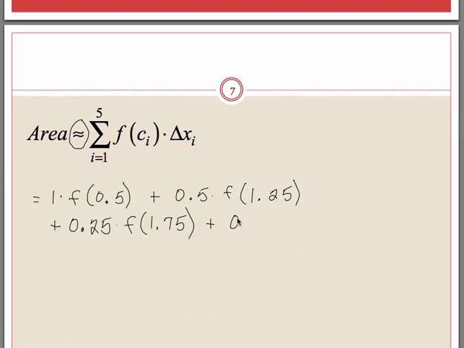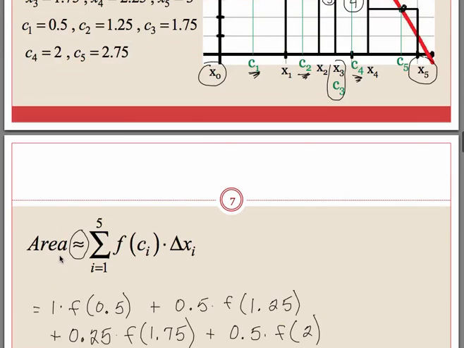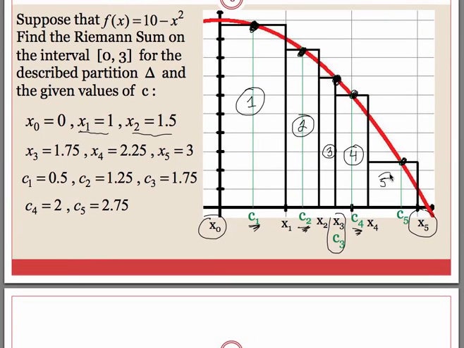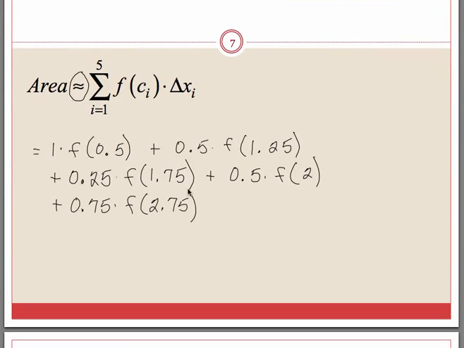So we have a width of 1/2, and the height is going to be given by f of 2. So that last rectangle then, that's going from x4 to x5. That has a width of 0.75, and the height is going to be given by what we get when we substitute C5 into the function. So C5 is 2.75.